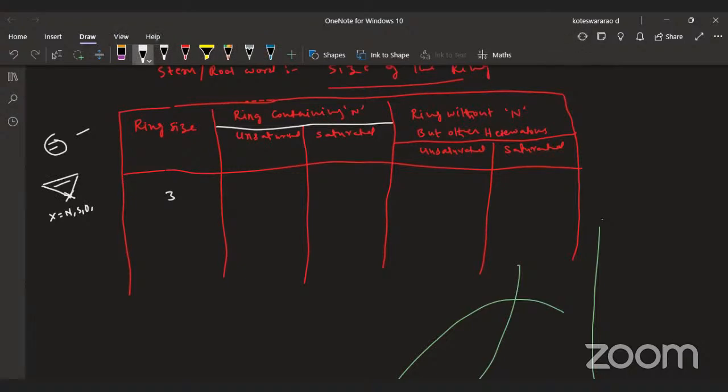So X, where X is equal to nitrogen, sulfur, or oxygen. And this is the 3-membered ring. Now, if it is unsaturated, its stem word is irene. If it is saturated, iridine.